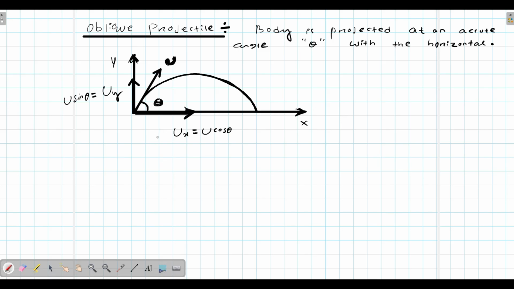So here ax is 0 and ay equals minus g. So we have to find the equation of trajectory.